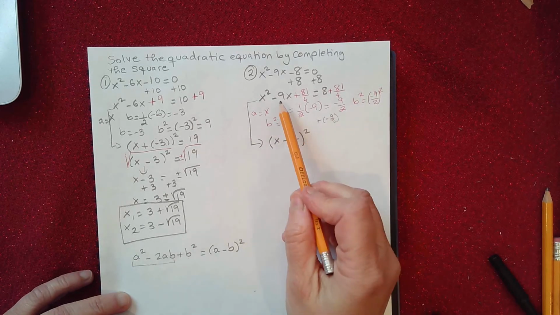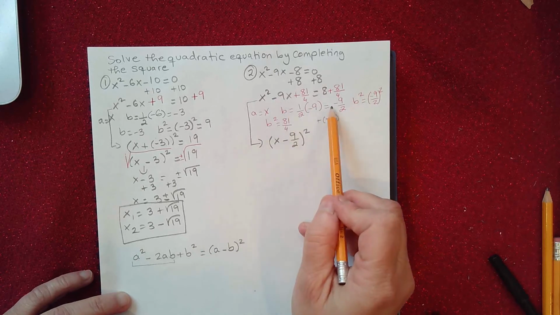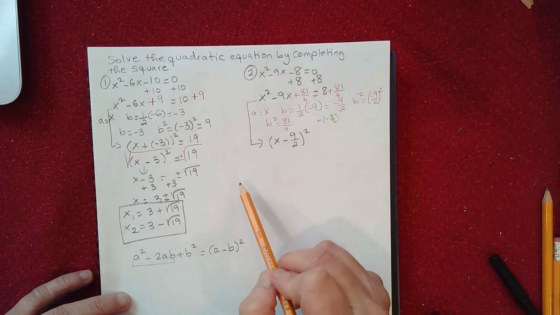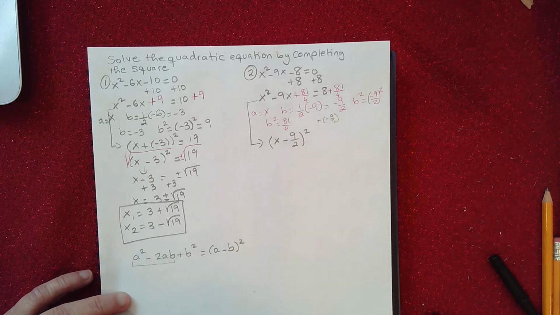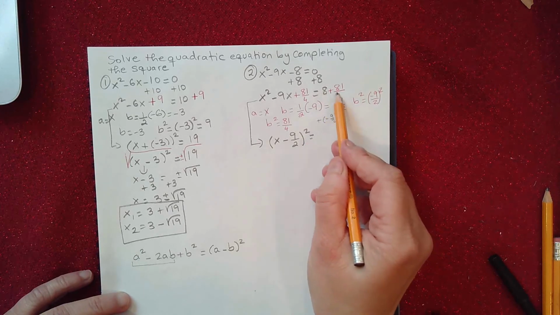So basically, you take the sign of the middle term and you put here the absolute value of b, which is 9 over 2, equal to, you need to add these two.